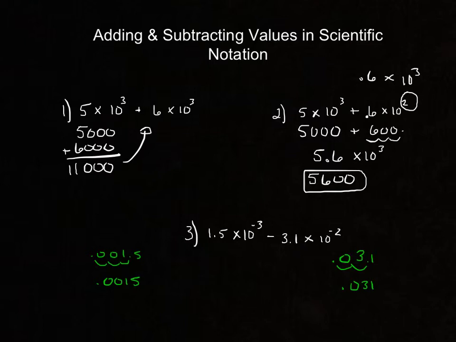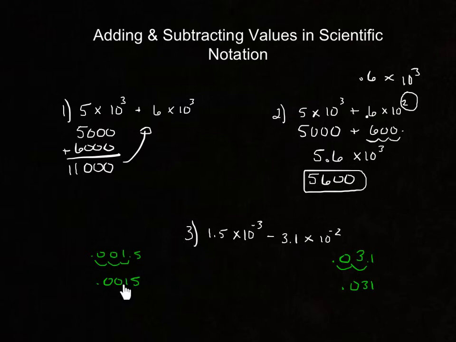So where would I have to move my decimal so that it only moves 2 places? Once I found it in the standard form, it's pretty easy to go backwards 2. Here I go 1, 2. Because it's moving the other direction, I have to move it back.